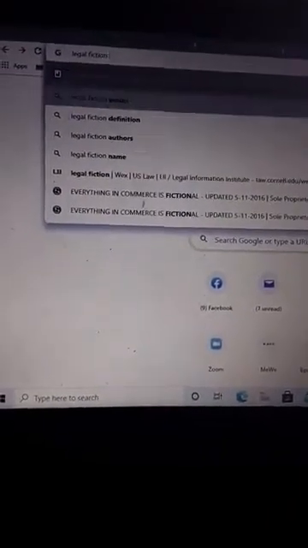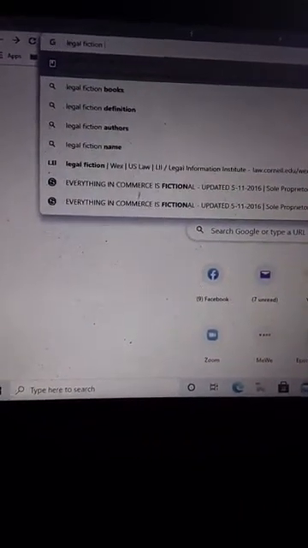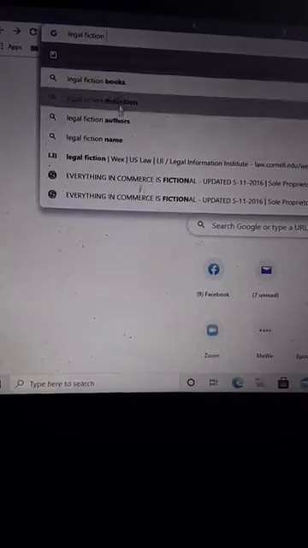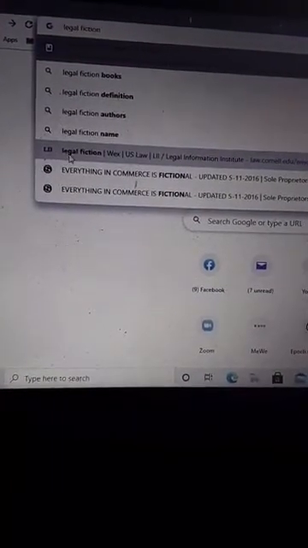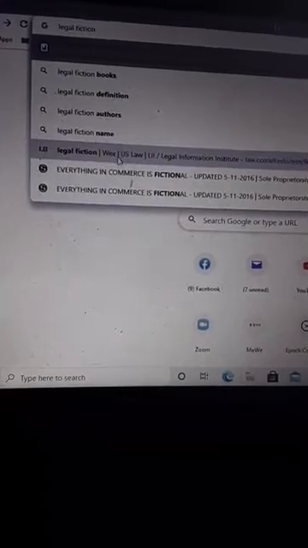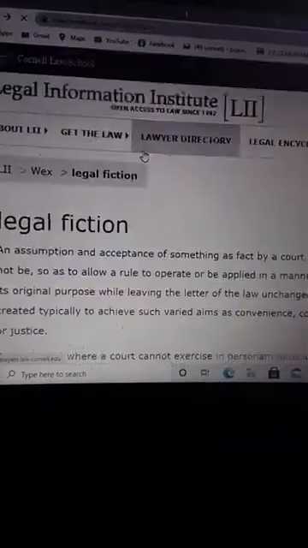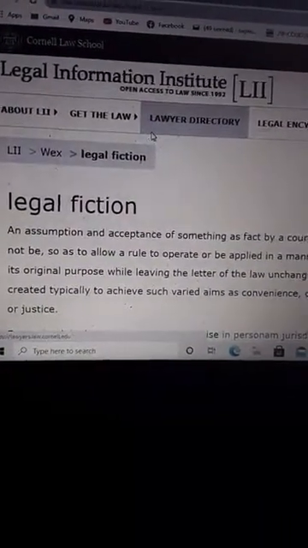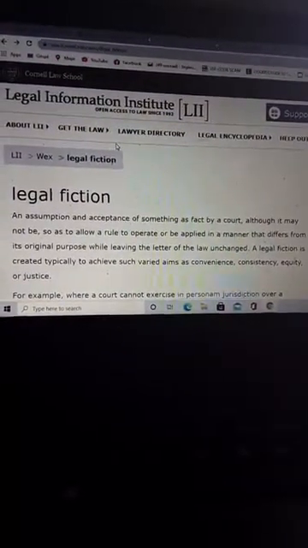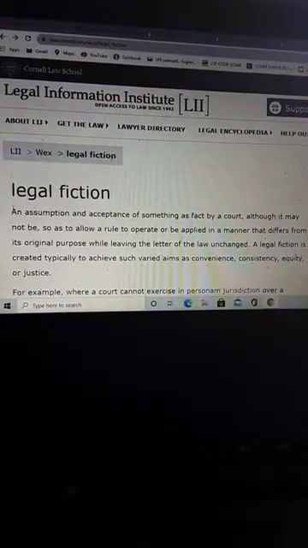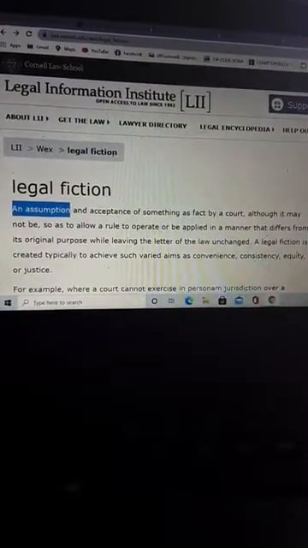When we punch in legal fiction right here at the top, we see this here, LII, legal fiction, WEX. This is the Cornell site. Legal fiction: an assumption.